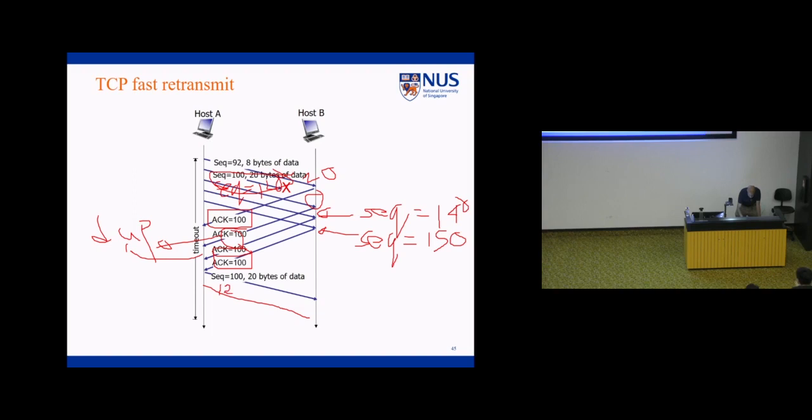The answer is, we don't do it. And the reason is, I know that I have received some duplicate acknowledgements, so data was going through. What has the receiver done with those 3 out-of-sequence packets? If it has thrown them away, then I would have to retransmit anyway later on.